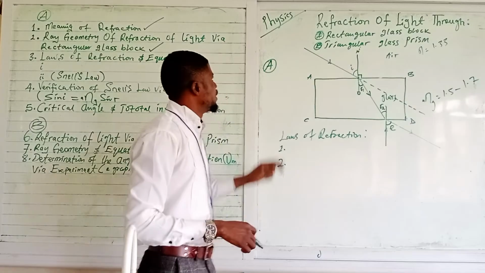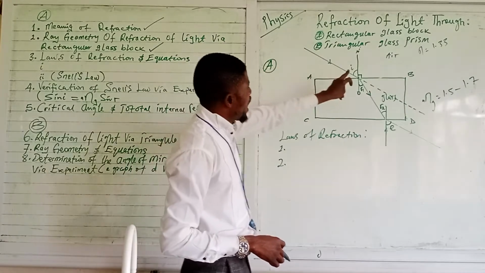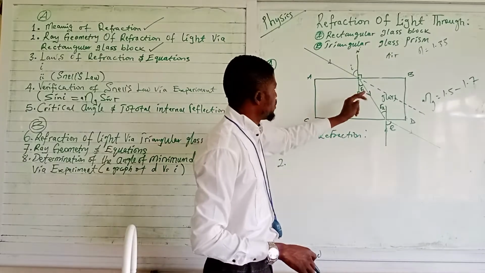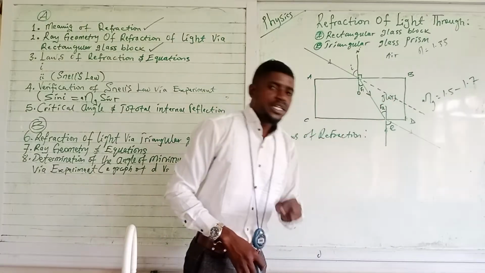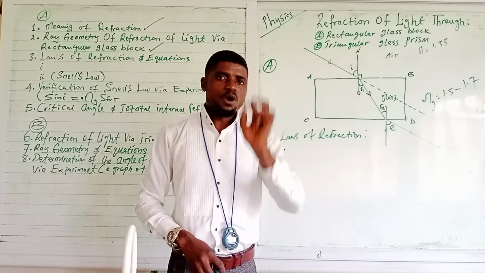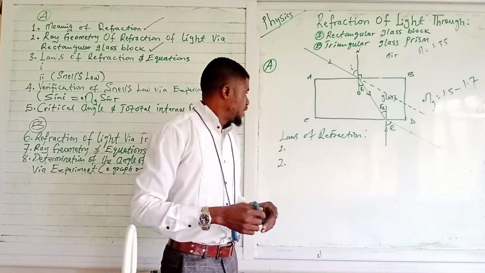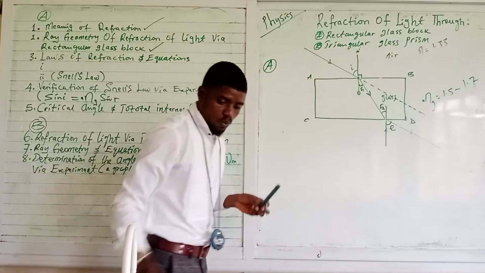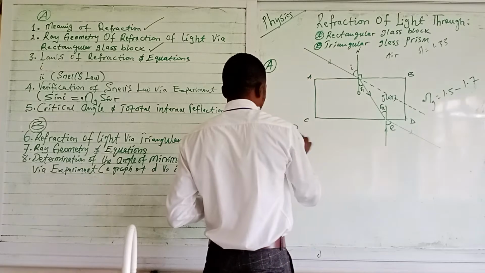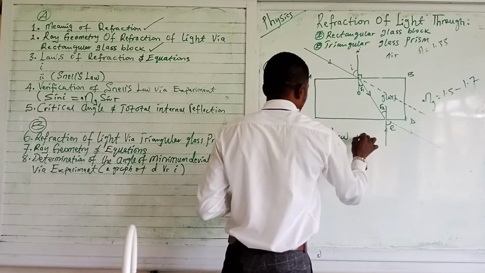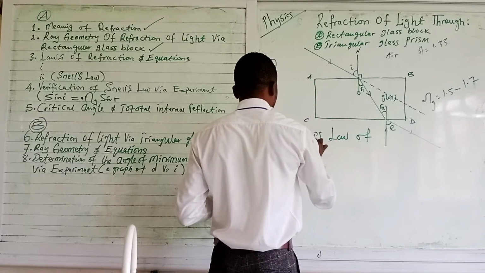I take it again: the ratio of the angle of incidence to the angle of refraction is equal to a constant for a given pair of media. That is Snell's law of refraction.